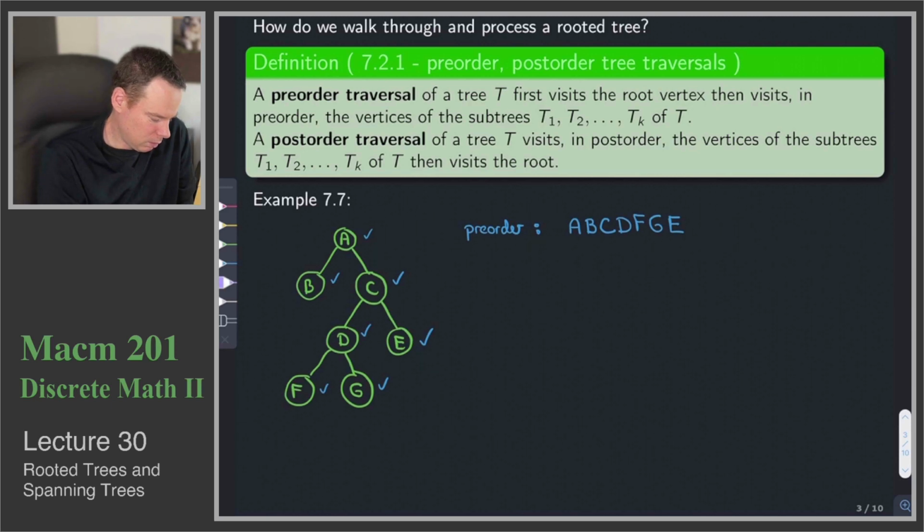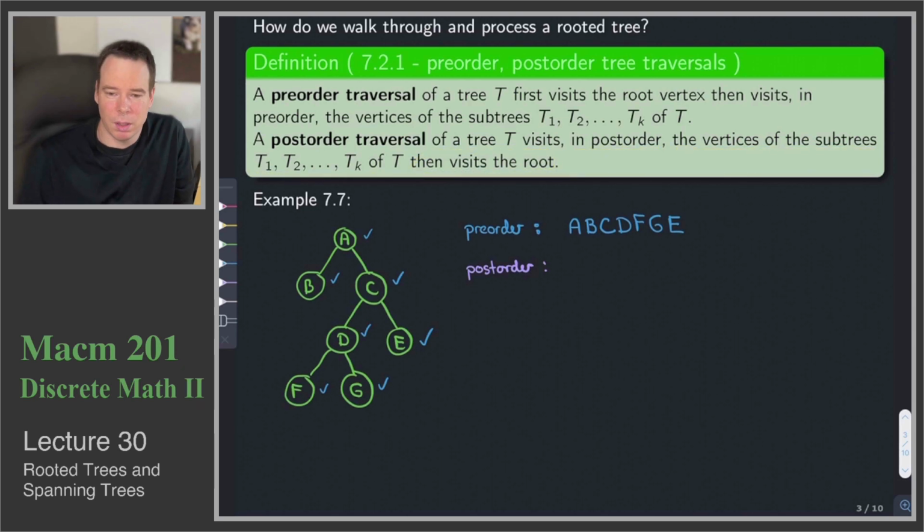Another way we can visit the vertices of a rooted tree is in postorder. And what is postorder? Postorder says, visit in postorder the vertices of the subtrees first, and then visit the root.